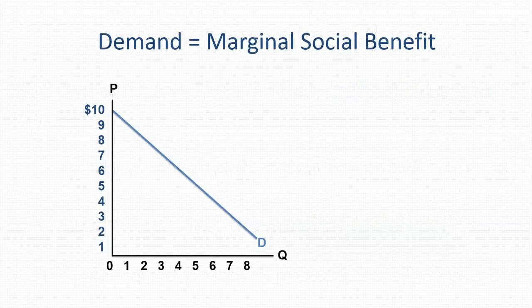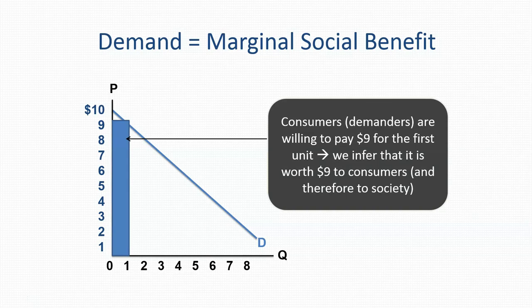So let's look, for instance, at a demand curve for, again, whatever it might be. Let's say this hypothetical demand curve looks something like this. Now, according to this demand curve, a price of $9 corresponds to a quantity demanded of 1 unit. We can see that here. Now, one way to read that is that consumers are willing to pay $9 for that first unit of whatever this thing might be, and we can infer from that then that that first unit in particular must be worth $9 to consumers.